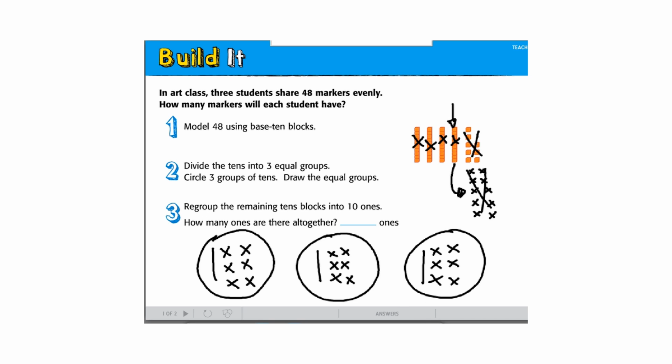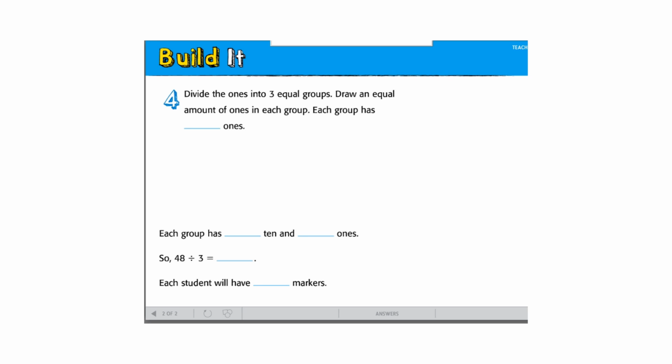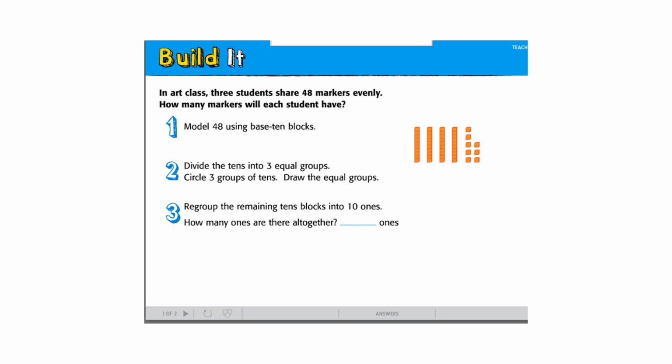Okay, so on the next little part here, let me erase this. So we regrouped the remaining 10 blocks into ones. We talked about it, but we didn't fill in the block. There was 18 ones, because there was 8 ones to start with, and then we broke up that 10, which made it 18.